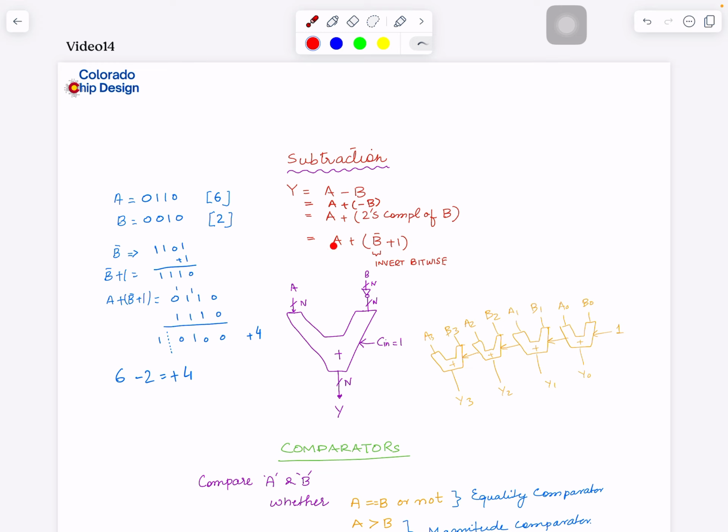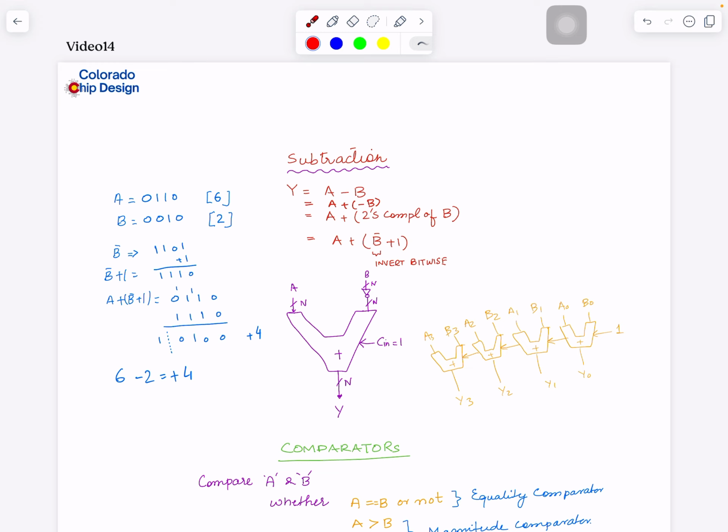So a plus b invert plus 1. Let's look at this example. I already created an example for you. This is a 4-bit number. The most significant bit is the sign bit. This is 6 and this is 2, and both are positive.